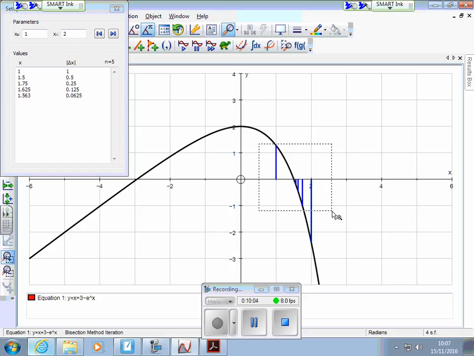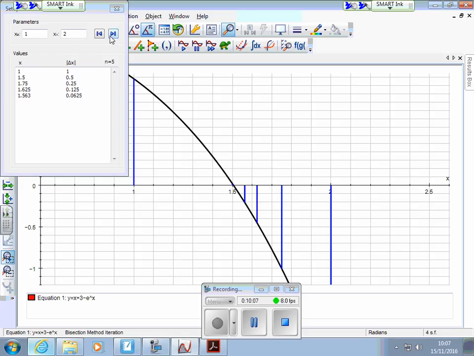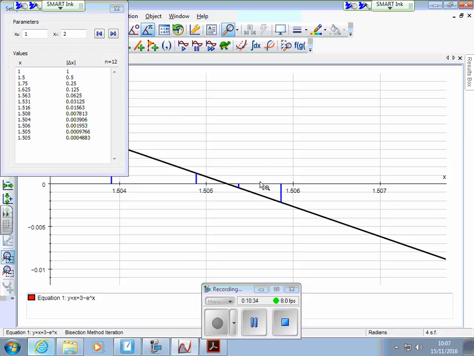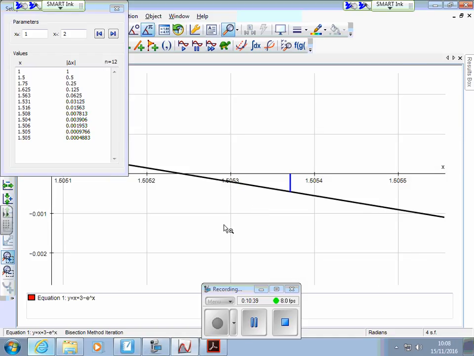If I zoom in on that area and carry on, we're looking for the result to be the same twice to 3 decimal places. There we have it, 1.505. So it's gradually honed in on that root, with the last iteration being that one there.